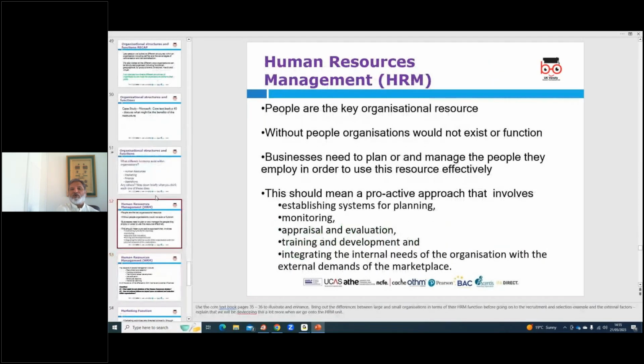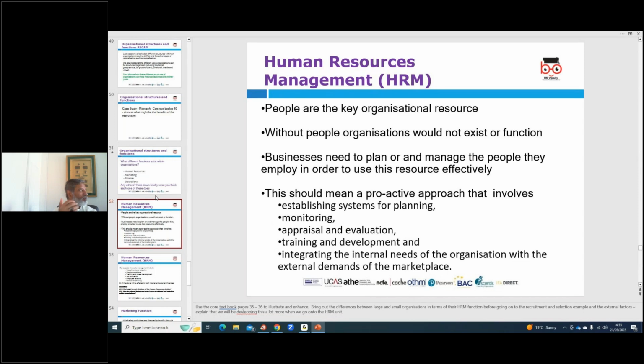So when we look at human resource management, HR people, without these people we can say that nothing can function smoothly in the organization. Therefore, it's very important that we study this function and its relationship with other departments.